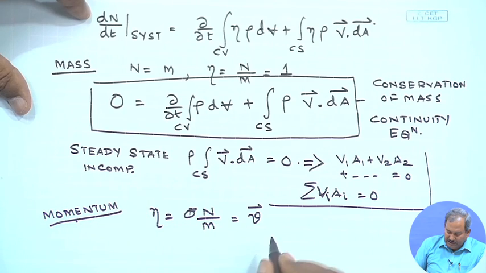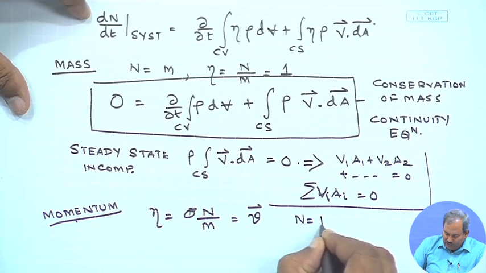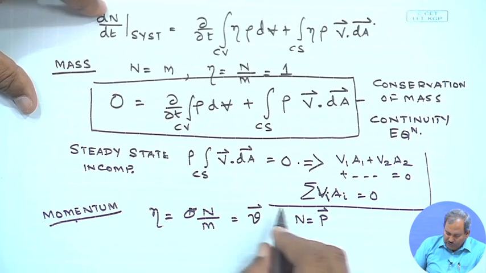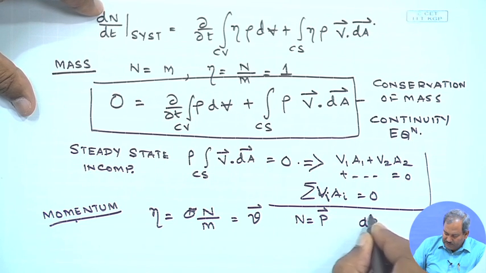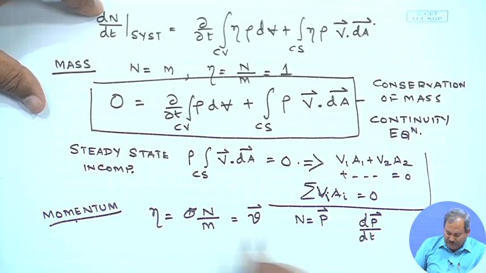And if the corresponding extensive property I call p, where p is the momentum, then the left hand side would simply become dp dt, and this dp dt is nothing but the time rate of change of momentum.